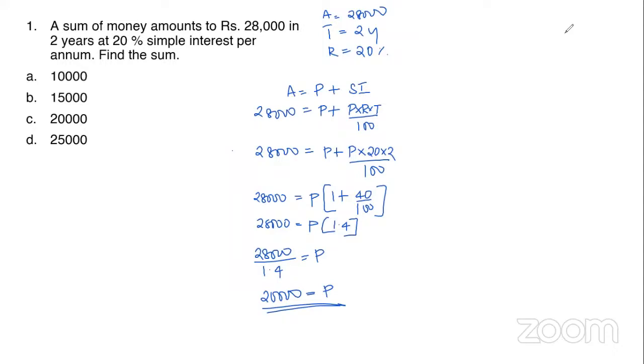For compound interest, I hope you remember the formula. You actually have a formula for compound amount, and that minus P will give you the compound interest. So go through all those things before the exam. Right? Shall I move on to the next question?